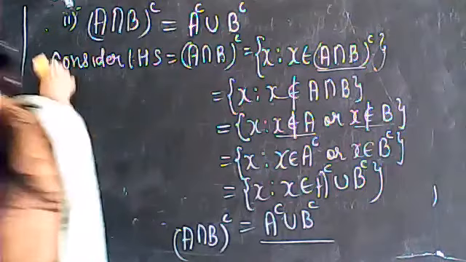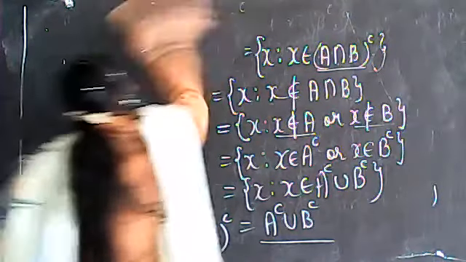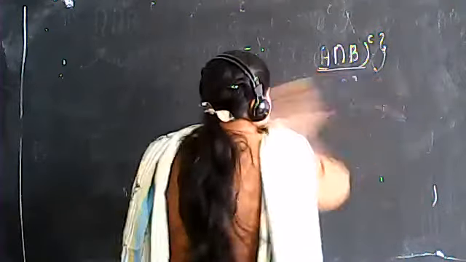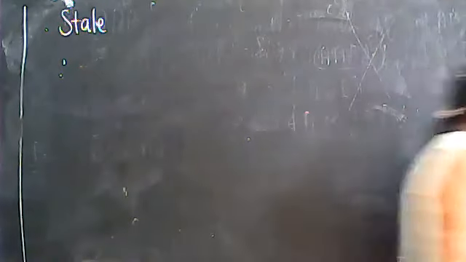So beta, after De Morgan's, the next result is associative law. So in exam, you have a question like this, state and prove De Morgan's law. So next is associative law.